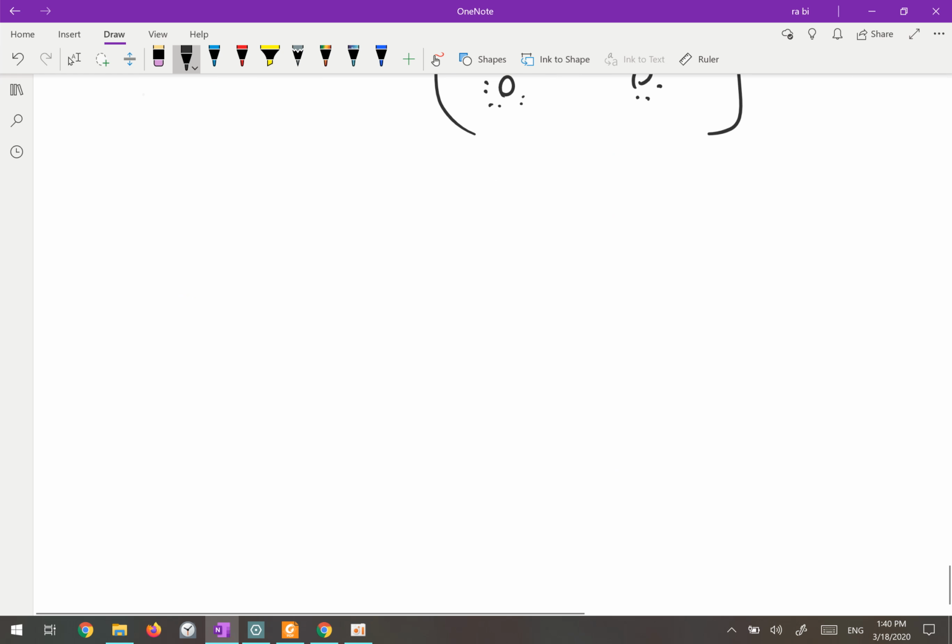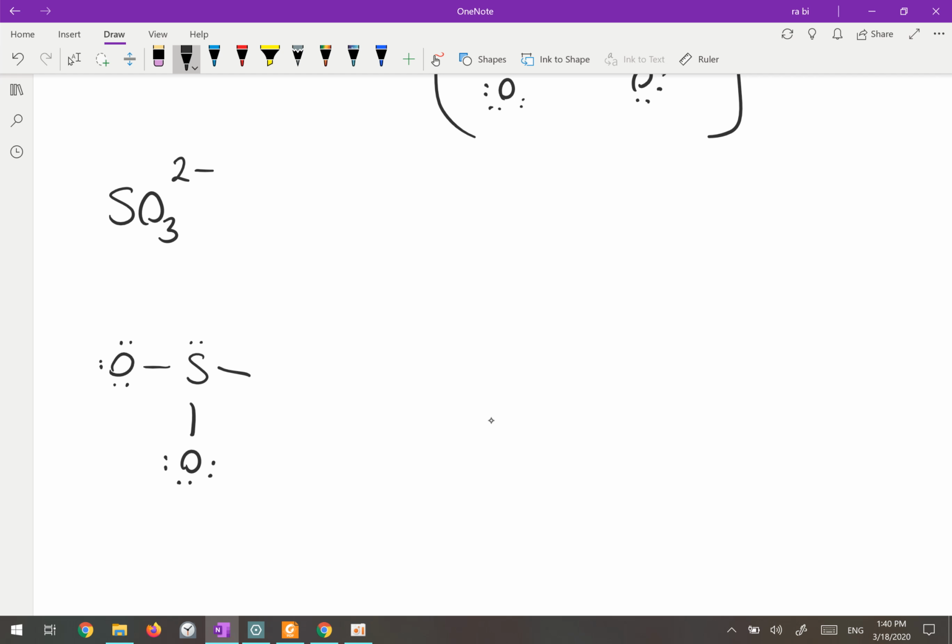Okay, the next ion is SO3 2 minus, the sulfite ion. The Lewis structure for the sulfite ion was like this. So how many domains do we have here?